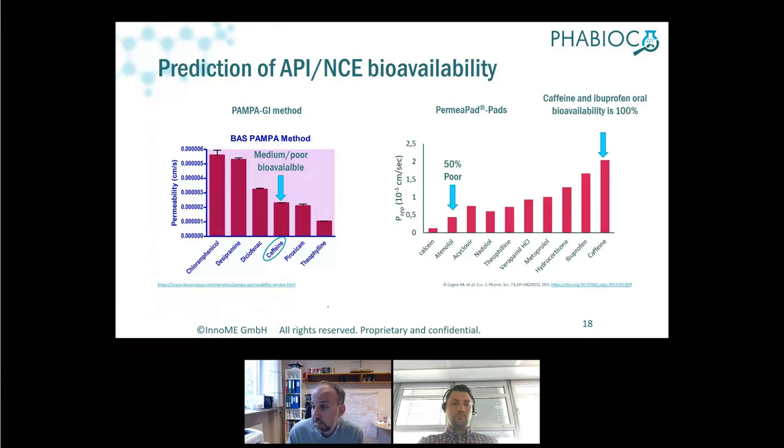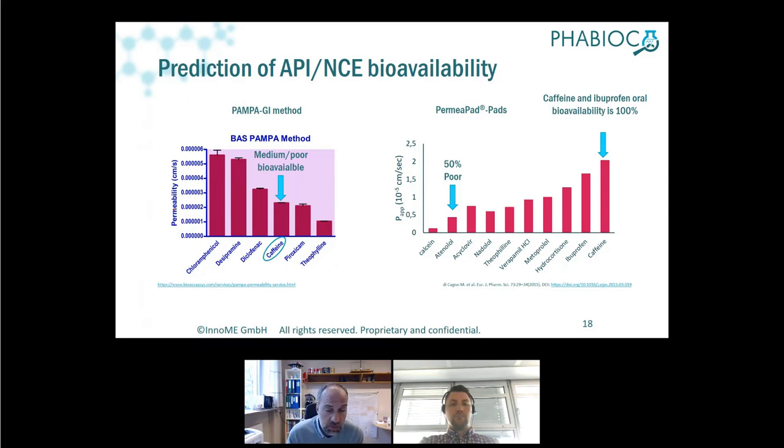And if we, for example, compare the predictability of Pampa methods, this is a figure that has been taken from bioscience.com, a company that provides measurements for permeability utilizing the Pampa, in this case the Pampa GI. And here they have tested also caffeine, and according to the test with the Pampa technology, caffeine results as a medium-low permeable compound.